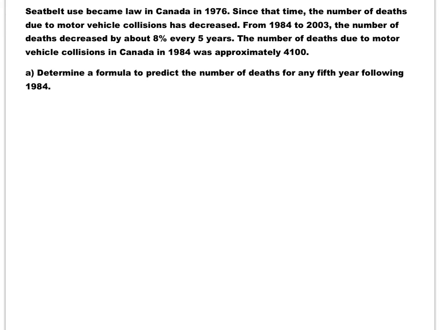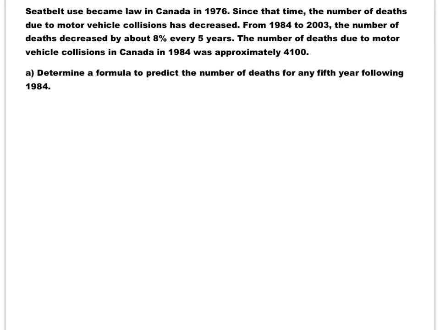The next question is a word problem which says that the introduction of seat belts in Canada has reduced the number of deaths in collisions. Now, from 1984 to 2003, the number of deaths decreased by about 8% every 5 years.